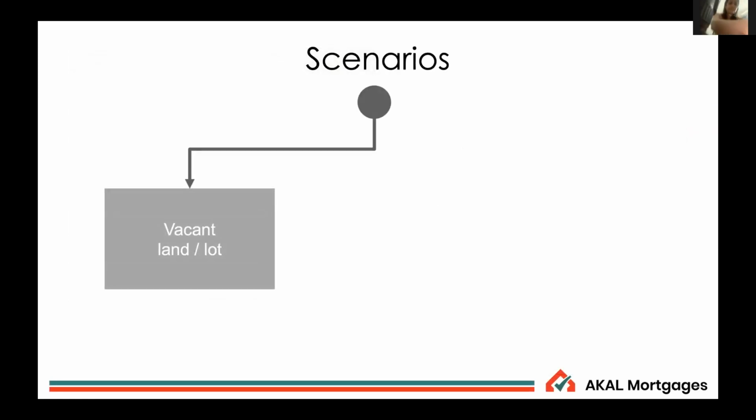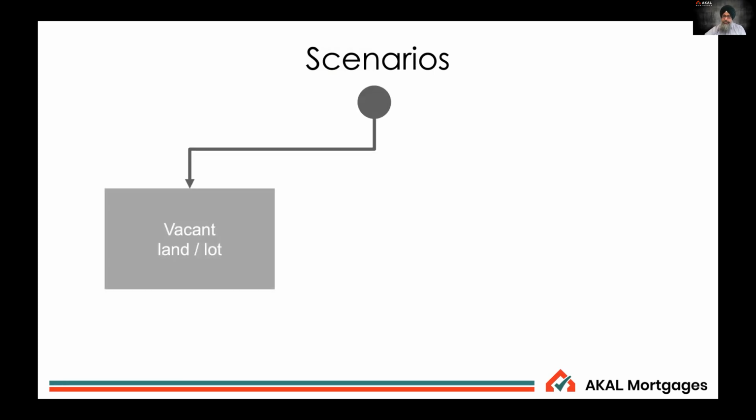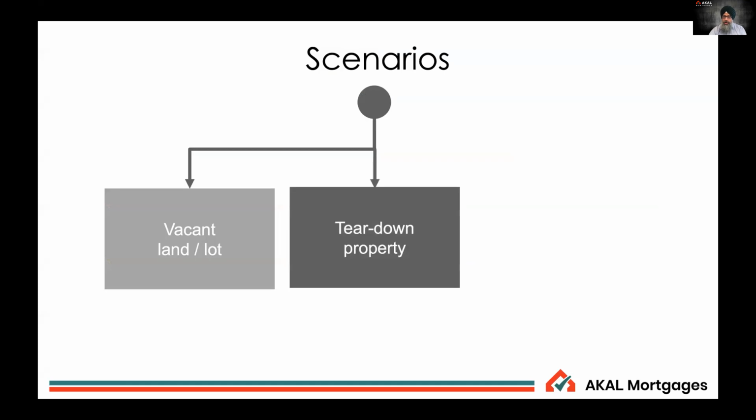So what are the different scenarios that are possible for construction mortgages? First of all, people normally buy a vacant lot or land for which they are going to require a construction mortgage. Or, in old subdivisions, people buy tear-down properties and need the construction loan to build the new home there, right?